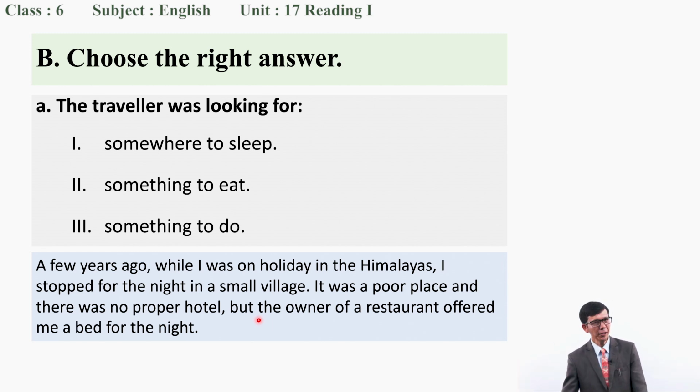And what is that for? Very good. So the traveler was looking for somewhere to sleep. That was the right answer. The traveler was looking for somewhere to sleep is the correct answer for the first question. Yes, somewhere to sleep.